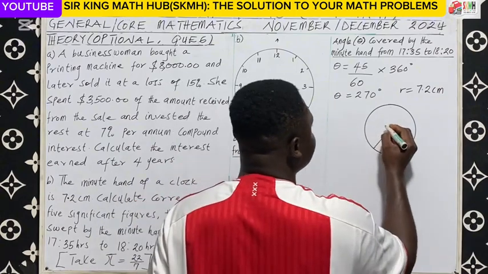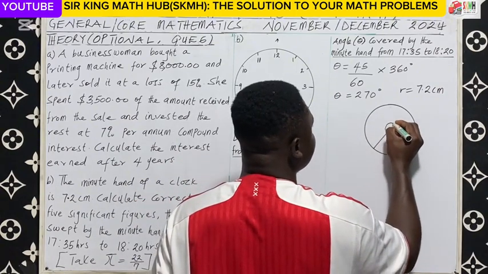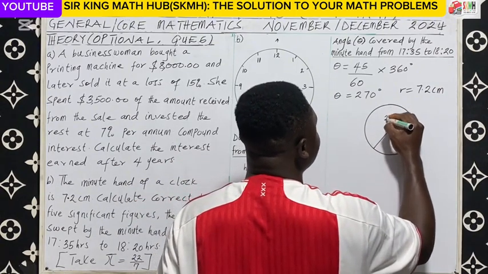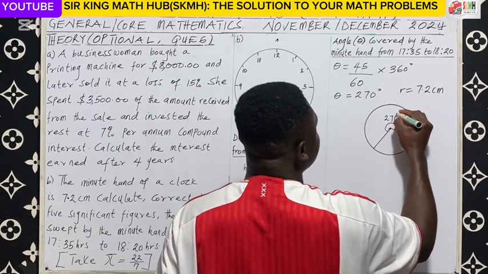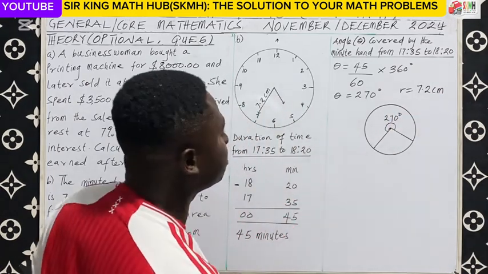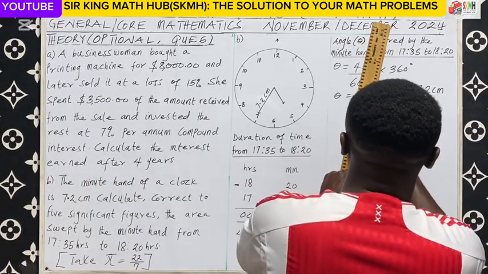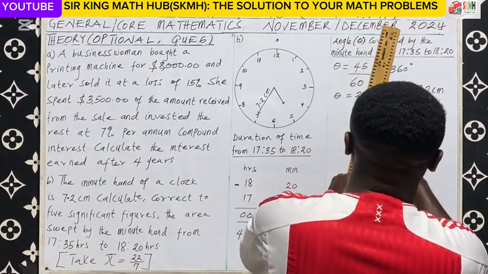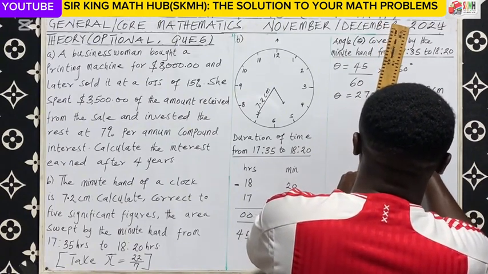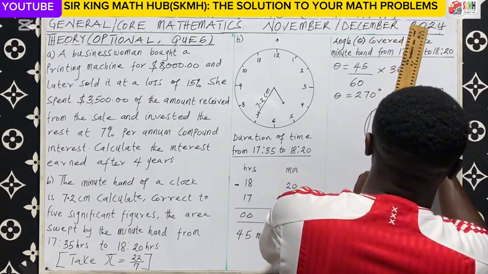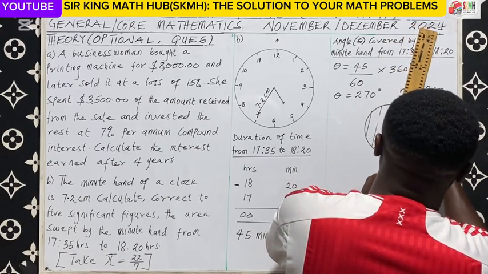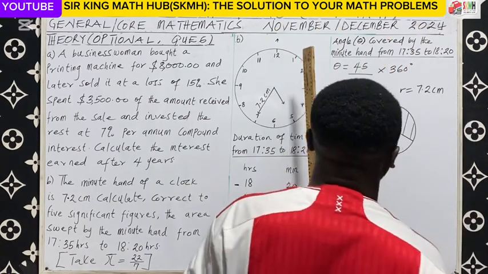And again, we know that the angle covered by the minute hand is 270 degrees. So we are looking for this area, the area swept by the minute hand.